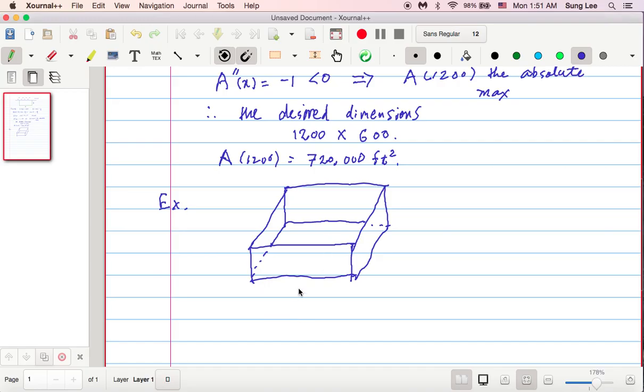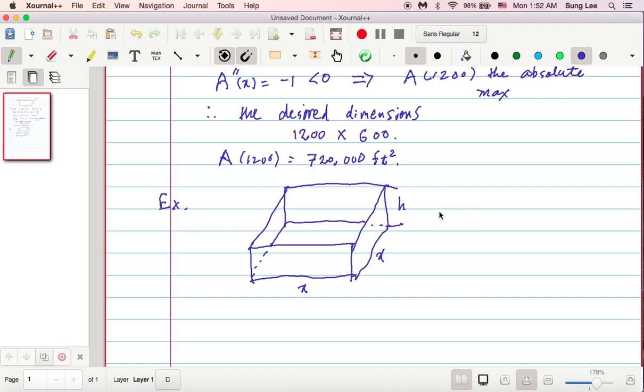So let's call this x, and this is also x. Length and width, they both are the same, x. And then the height, I'm going to call this h.